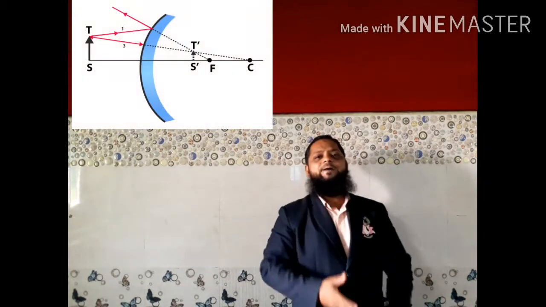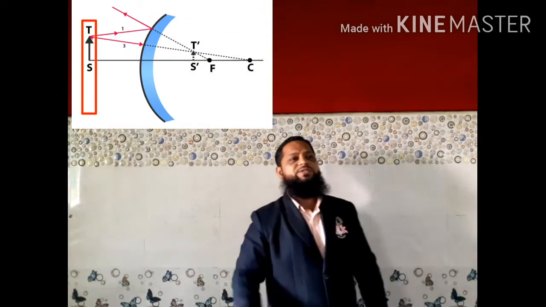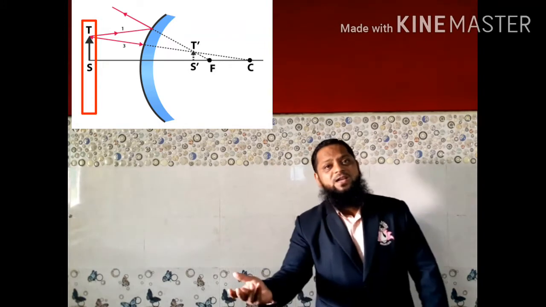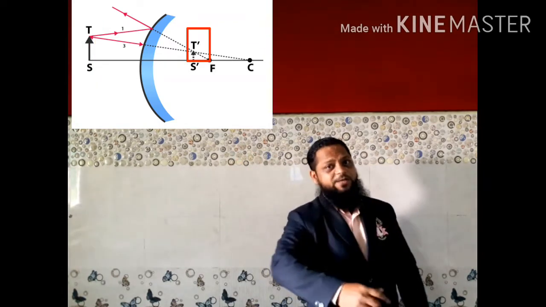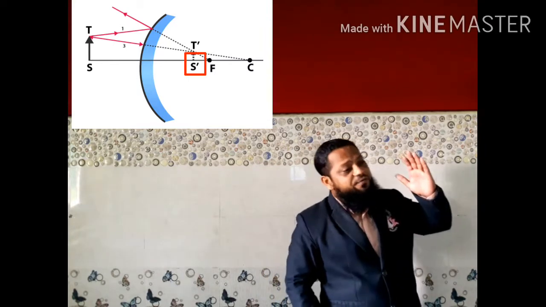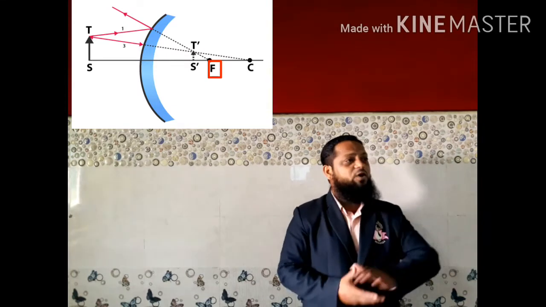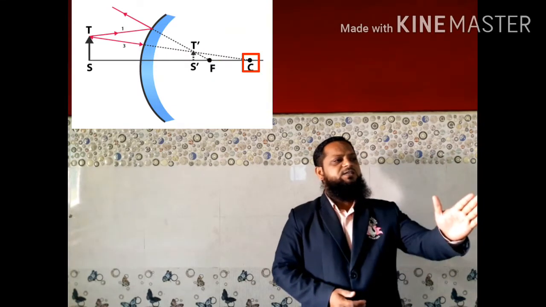In this diagram, TS is the object, T1 is the image of T and S1 is the image of S. F is nothing but the principal focus and C the center of curvature.